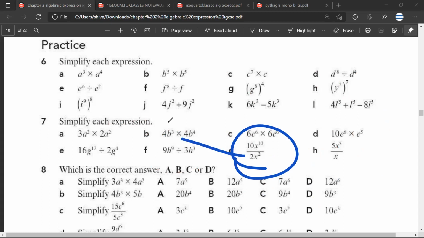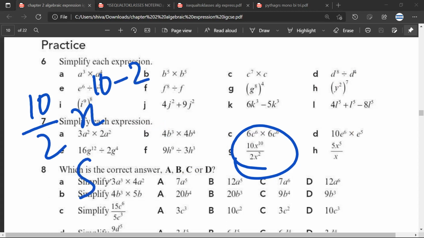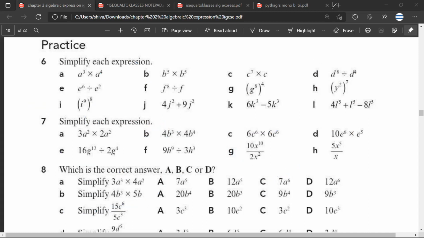Mr. Satya, how should I solve this? So we have to do 10x divided by 2x. So it would be 5x. Then 5x raised to power 10 minus 2. So it is equal to 5x raised to power 8. Mr. Aryaman, any doubt? No, sir.